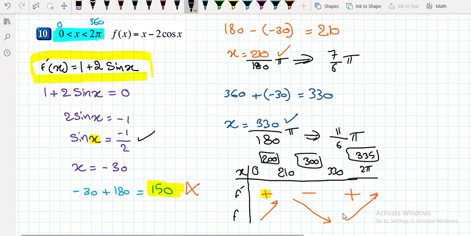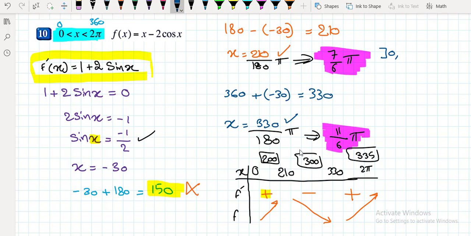If I write it as an interval, this is where I need the x's in terms of pi. I can say from 0 until 210, in radians, is 7/6 pi. From 0 to 7/6 pi is increasing.